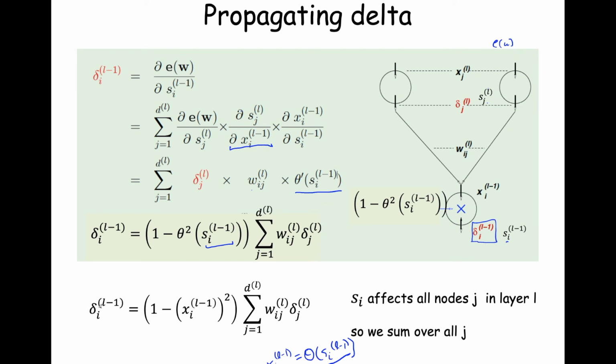And that's our expression. And so the interesting part is that when you compute this, you already have this output, xi superscript L minus 1, from the forward pass. Because recall, for the forward pass, you compute the weighted sum, get a score, compute the nonlinearity over that score, and you get the output. So from the forward pass, you already have that value that you're squaring.